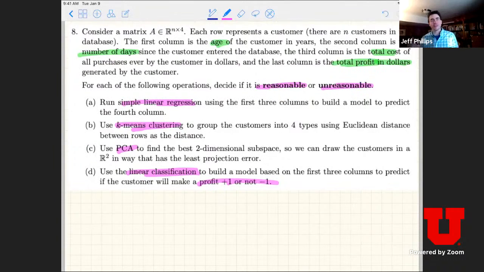This is a little bit of a strange question, but you have to figure out what I'm trying to ask here.